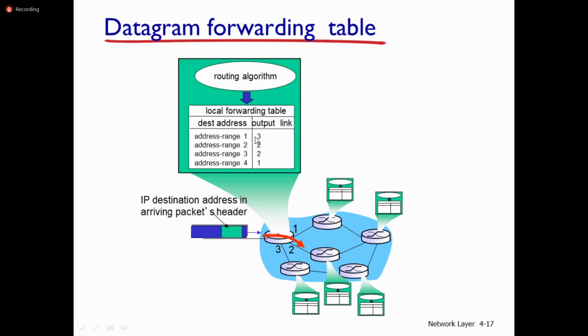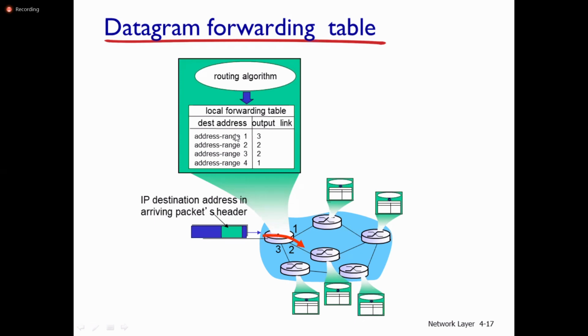In this scenario, the IP destination address is in the arriving packet header. As I told you, the header consists of the source as well as the destination IP address. Based on the destination IP address, the router can pass the packet to the concerned output port. Here we are considering four address ranges of destination IP addresses: range 1, range 2, range 3, and range 4.